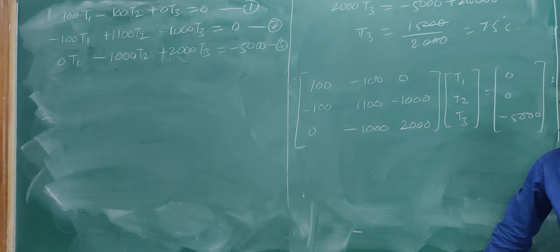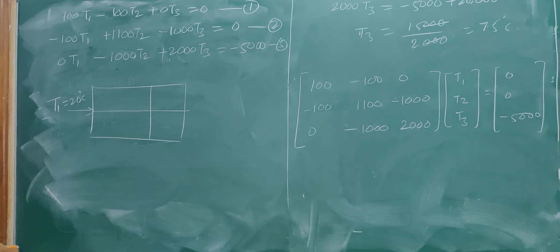Here, the specified boundary condition is in terms of temperature. If you see this slab, T1 is specified as 20 degree centigrade, and along this slab we need to find the temperature distribution.